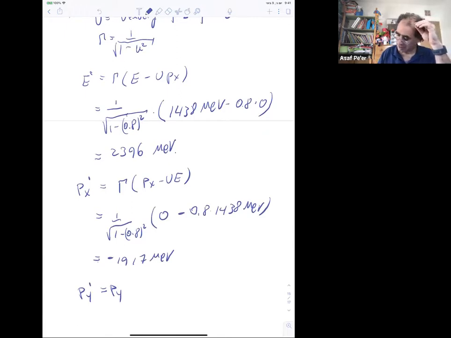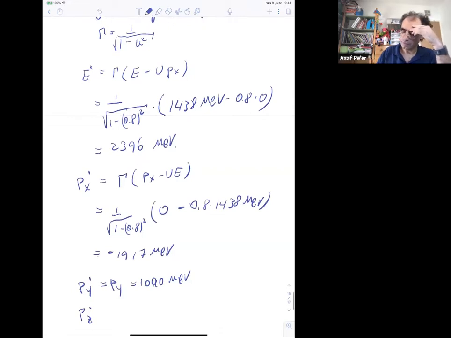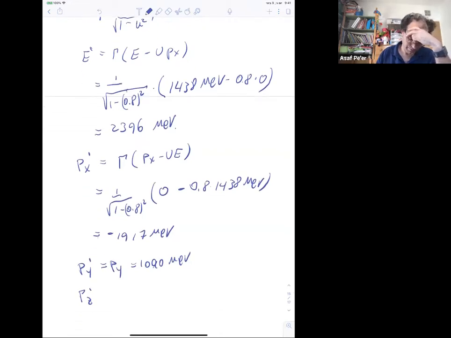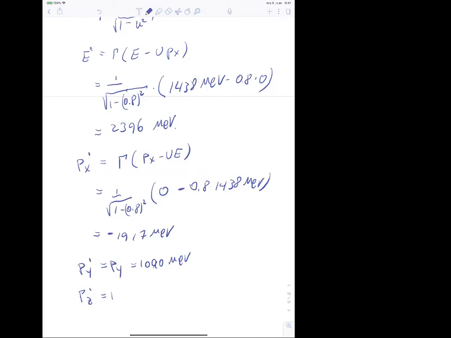So this is just 1090 MeV. And what is the momentum in the z direction? Zero. Exactly.